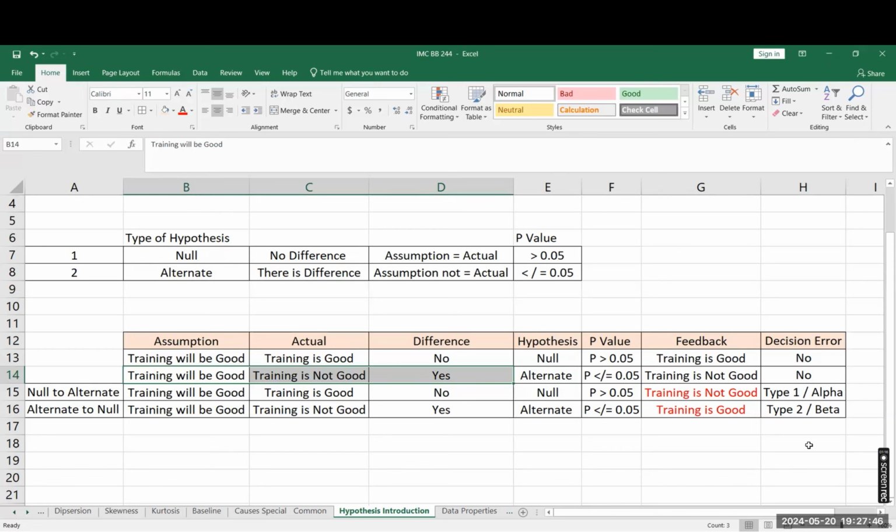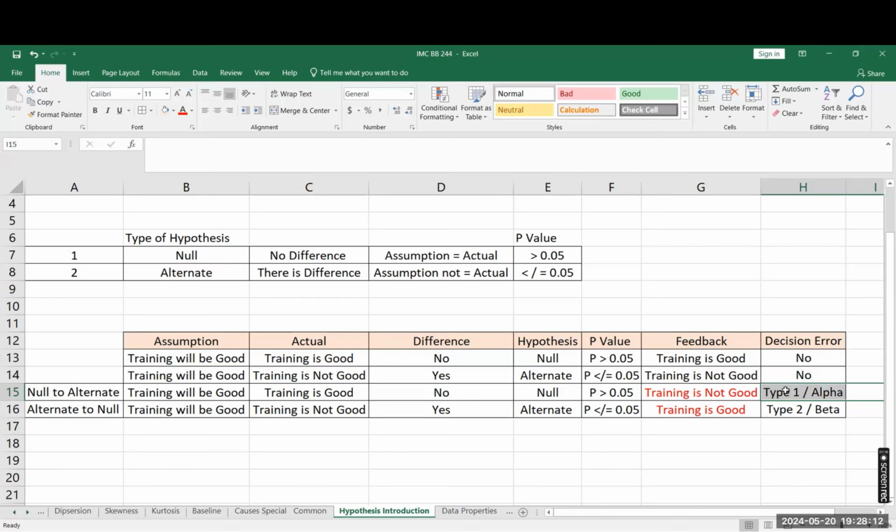So then again, there is no error. They are giving the same feedback. Now you have done the maintenance and find that machine is working well, but the production is telling, no, machine is not working. You did not do the maintenance well. There is an issue in this. Then it is an error because they are not giving you the correct feedback.